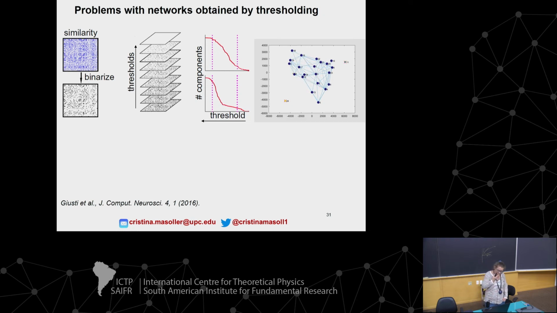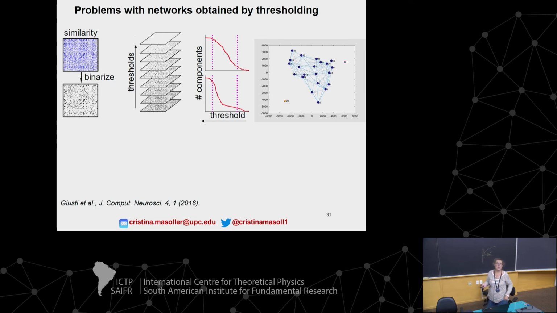And the problem with thresholding is that as you increase or decrease your threshold, you change the number of connected components. If you start with a very low threshold, your network is just one big component, right?